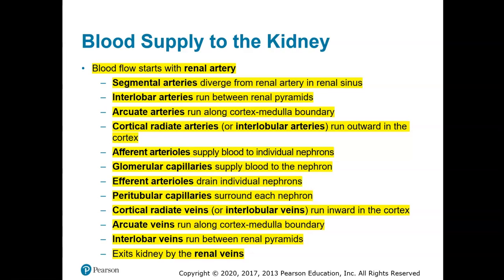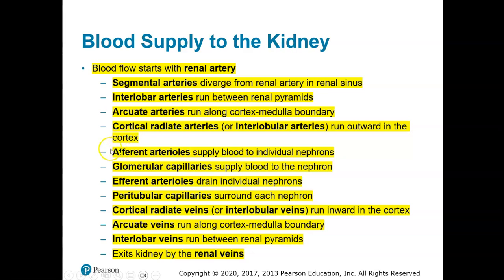You don't have to copy everything, but you need to know the order, starting with the renal artery and ending with the renal vein. You need to know the terms in bold. So you've got the renal artery, then the blood branches into the segmental arteries, interlobar arteries, arcuate arteries, and cortical radiate arteries.